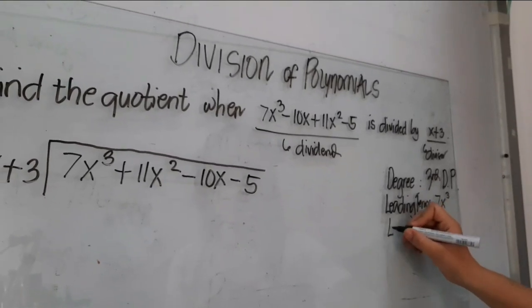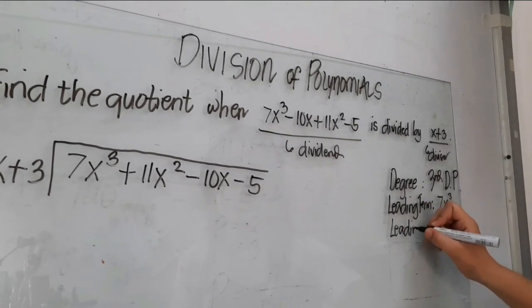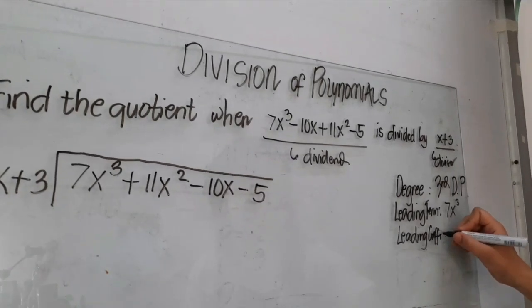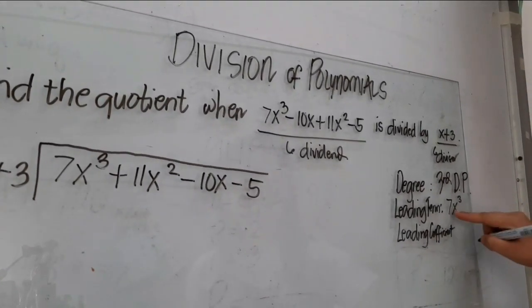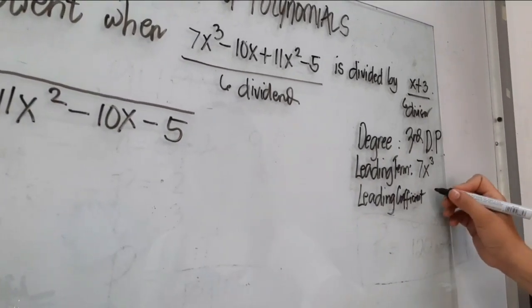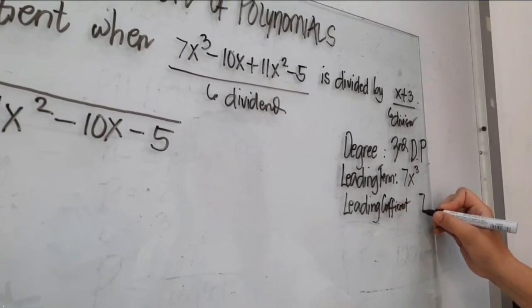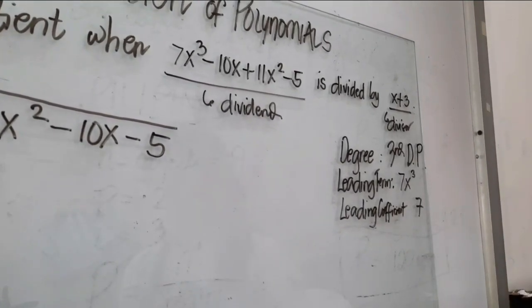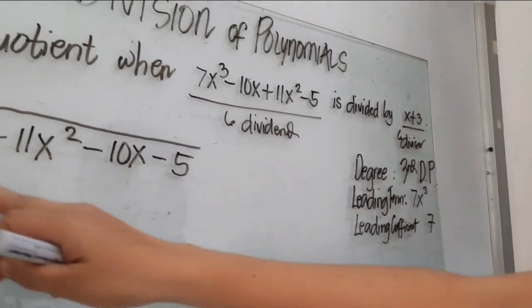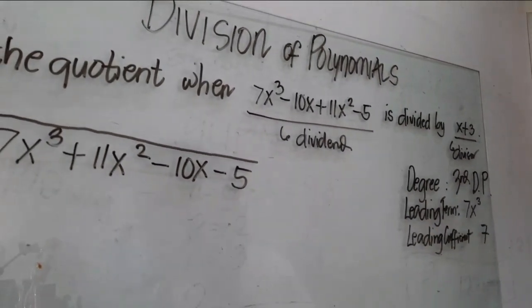And then we have the leading coefficient. Whoever holds that highest exponent of the variable, that is the leading coefficient. So, what is it? Yes, our leading coefficient is 7. So, that's how we determine the parts of our polynomials.